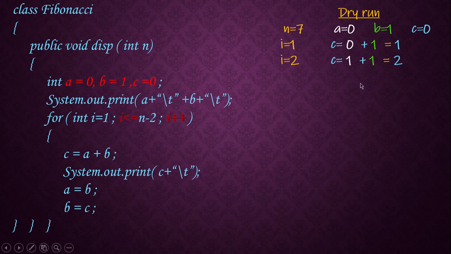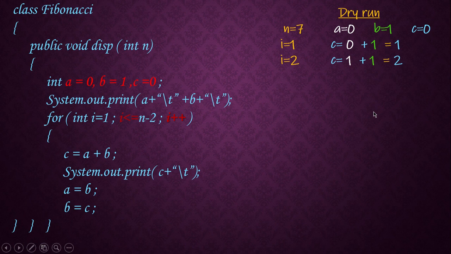So 0 plus 1, that I have added to get the new number. Next, the second number is stored as the first number and the third number is stored as the second number. So in this way I am proceeding.